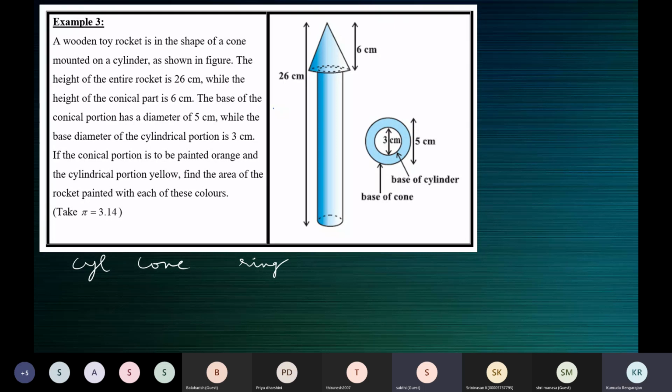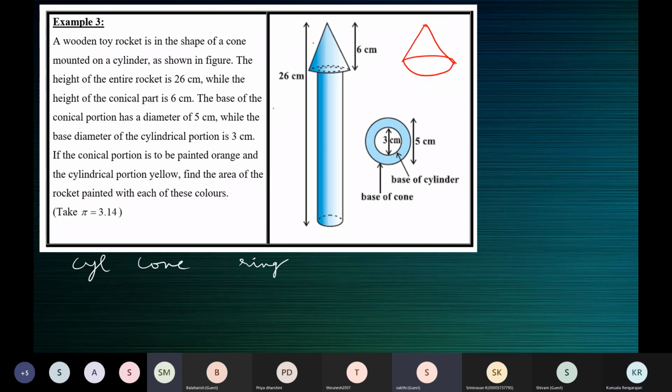Having got all these values, we'll have to find the area that is to be painted orange and yellow. In the conical portion, how much can be painted? Is the CSA completely available to be painted?